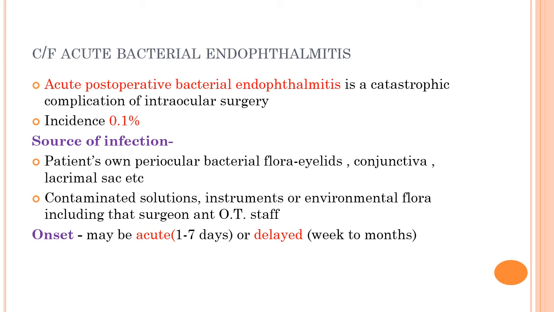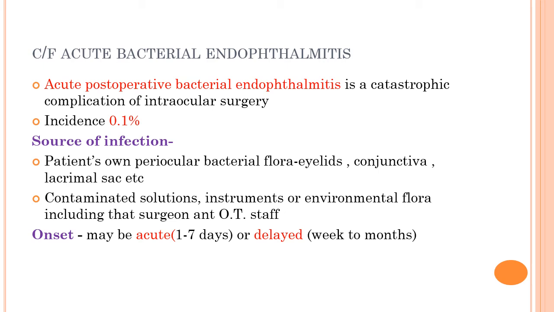Even for a corneal ulcer we go for lacrimal syringing, so that it is not acting as a source of infection for the non-healing ulcer. So you have to treat the source of infection before any kind of intraocular surgery. Or sometimes the sterilization is not proper, or there is infection in unhygienic conditions.